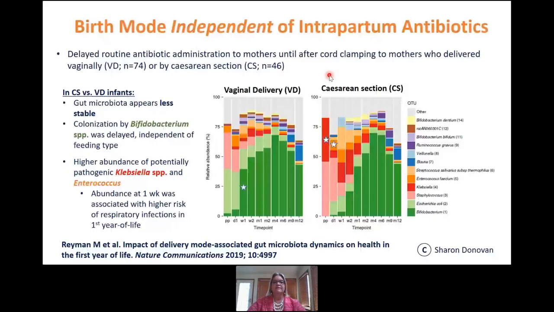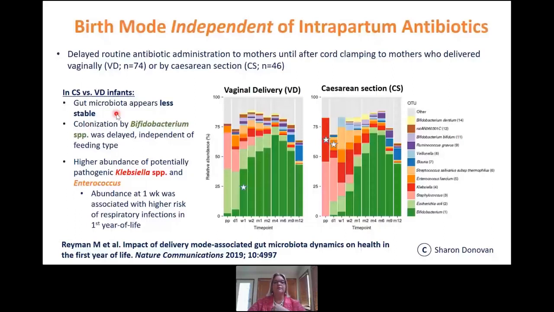This shows the vaginally delivered infants' fecal microbiome from day 1 to a year of age. Just looking at the bars, you can see there are large differences, particularly in this early period of time.